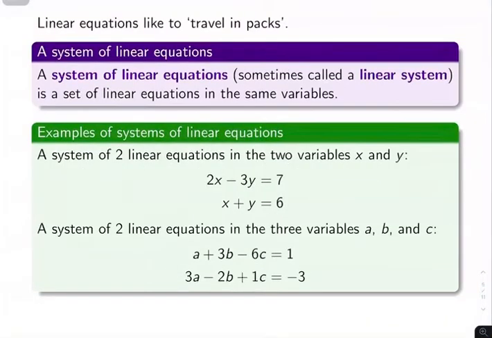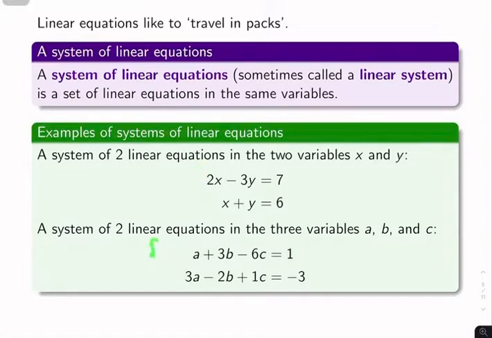In this class, we are interested in a system of linear equations, sometimes called a linear system. This system is a set of linear equations in the same variables. Here's an example of a system of two linear equations in the two variables x and y.